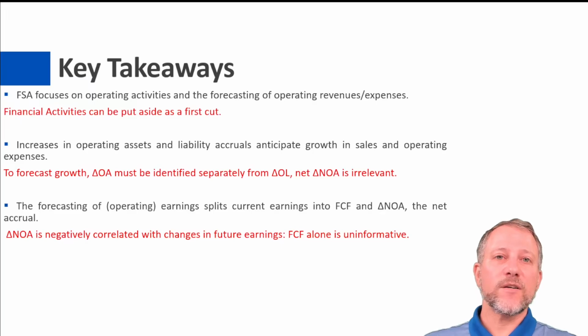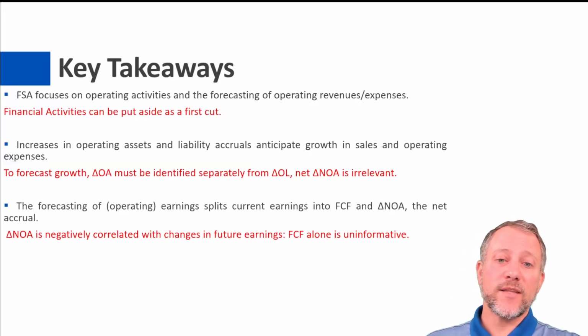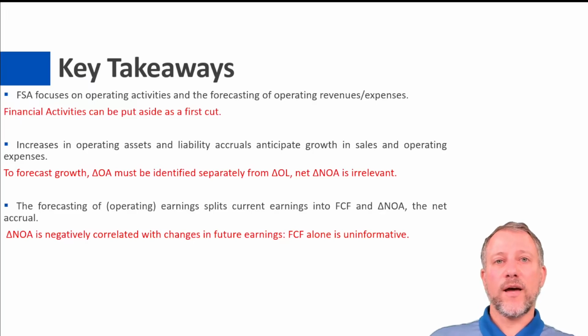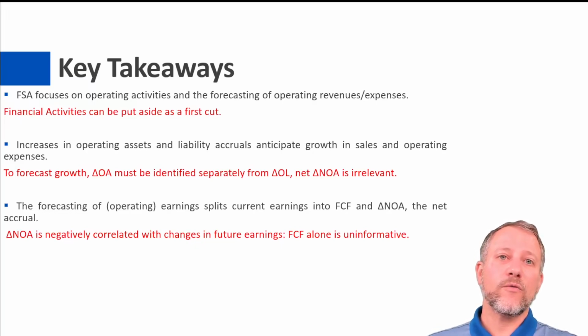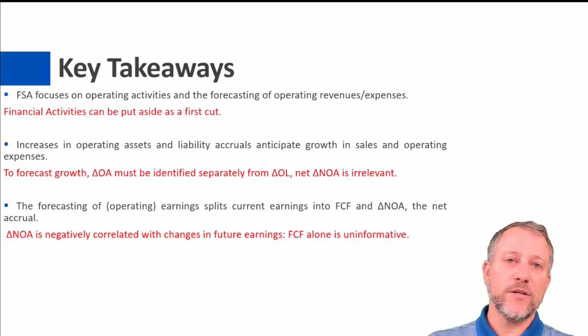Once we shift over to forecasting changes in earnings or changes in future profitability, now we do want to look at the net accrual, and we can decompose operating income into the net accrual and free cash flows. The net accrual, as we just went over, does help us predict future earnings because of the accrual reversal property of accounting, whereas FCF by itself is uninformative because, again, we don't know whether it's driven by operations or investment.